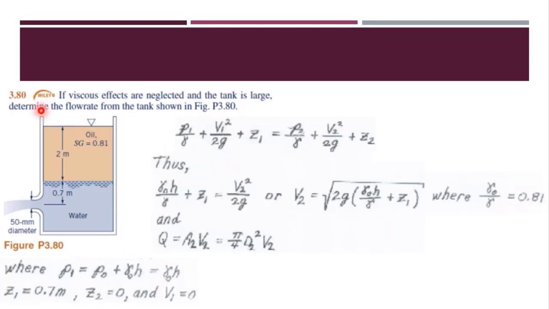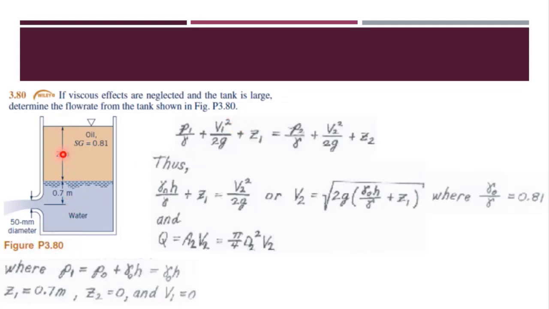Then the next problem that we have is problem 3.80, and it states that if the viscous effects are negligible and the tank is large, determine the flow rate from the tank shown in figure P3.80. So we are being shown a tank.